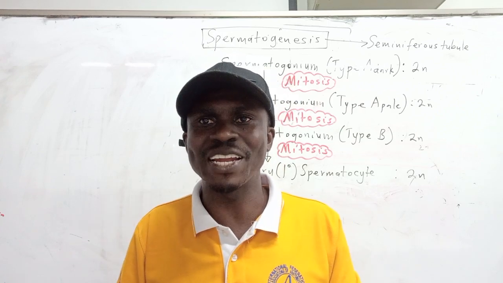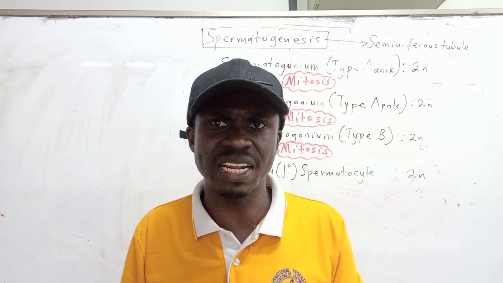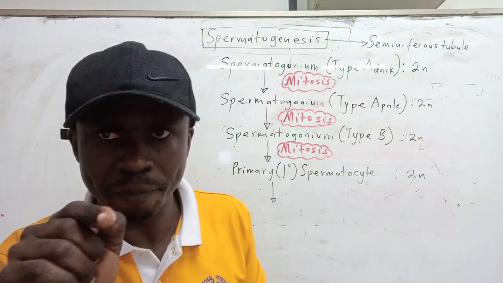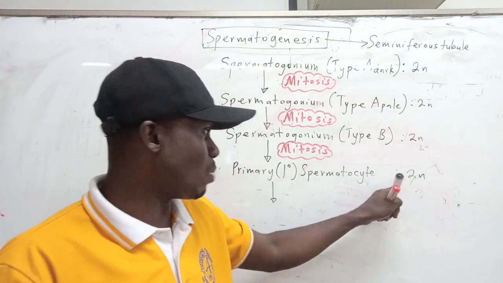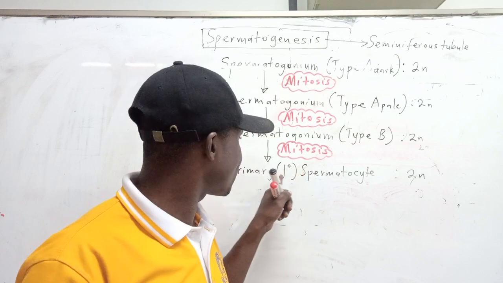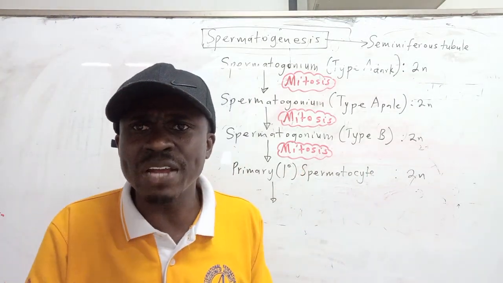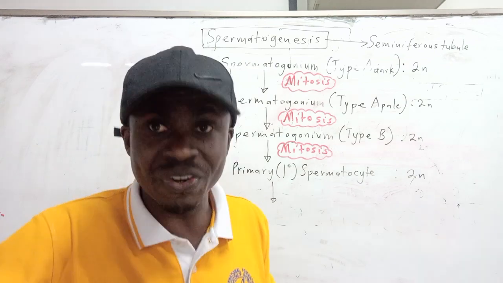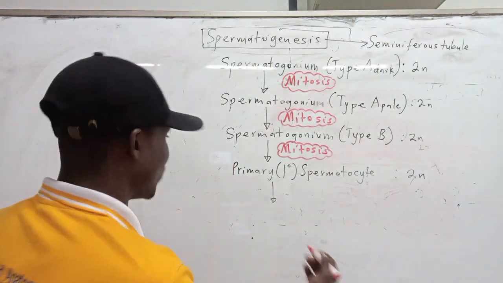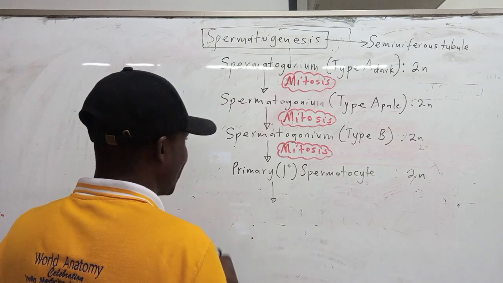Yes, mainly the first one is a reductional division. So that at the end of the day, the number of chromosomes, the ploidy of this primary spermatocyte changes. So this time around, from primary spermatocyte, we are going to give rise to secondary spermatocyte. So from primary, you go to secondary. So you get what we call secondary spermatocyte.